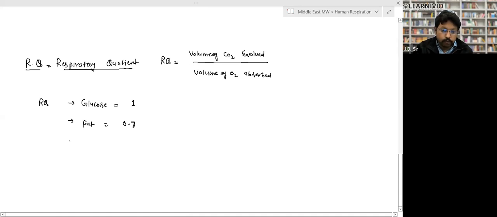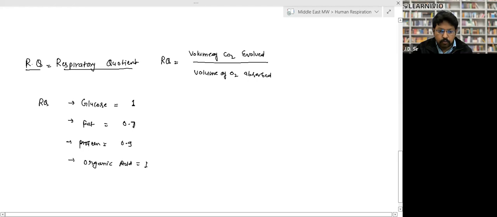What is RQ for protein? RQ for protein is 0.9. You have to remember all these data. And the maximum RQ is for organic acid, which are better fuel for our body than even glucose.